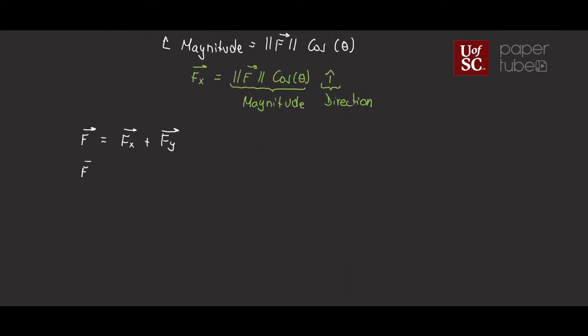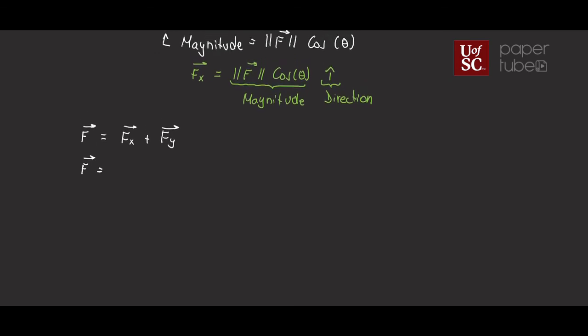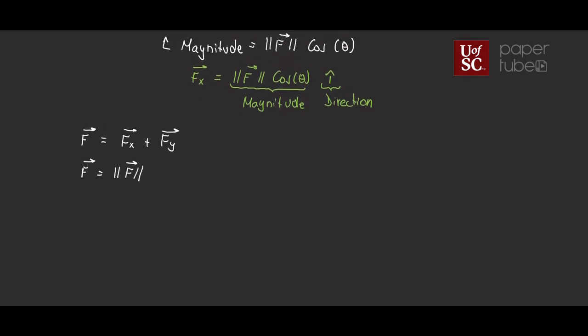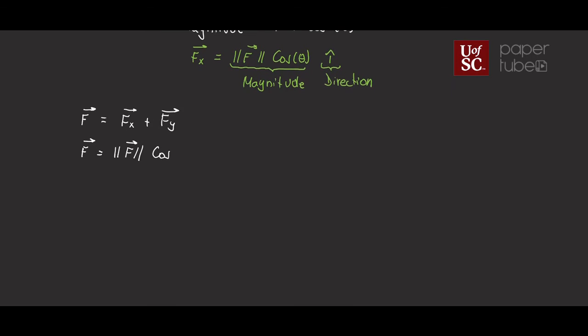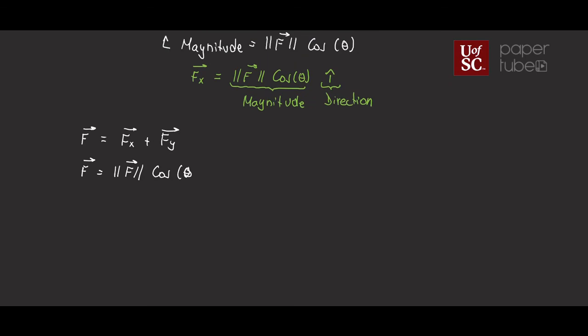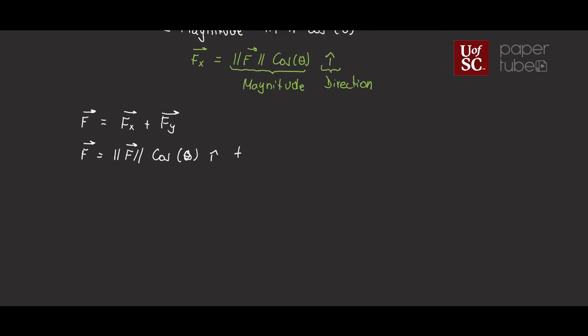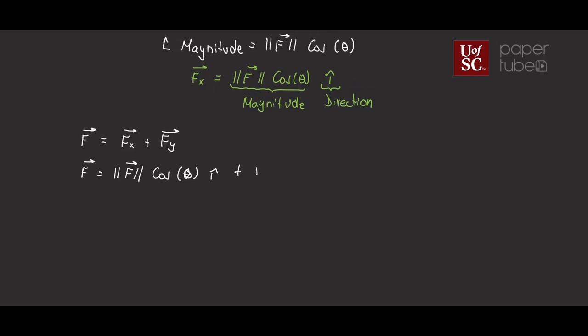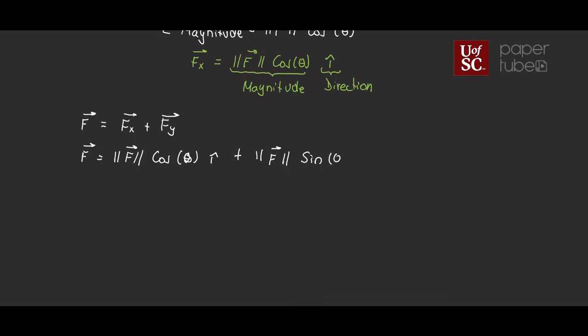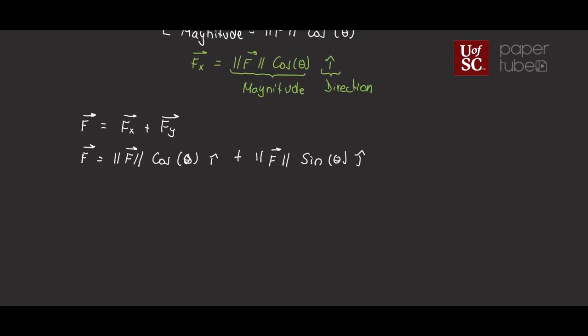And we can also write this as the magnitude of F times the cosine of theta i plus the magnitude of F sine of theta j. And of course this is going to have some type of units like kilonewtons or something like that.